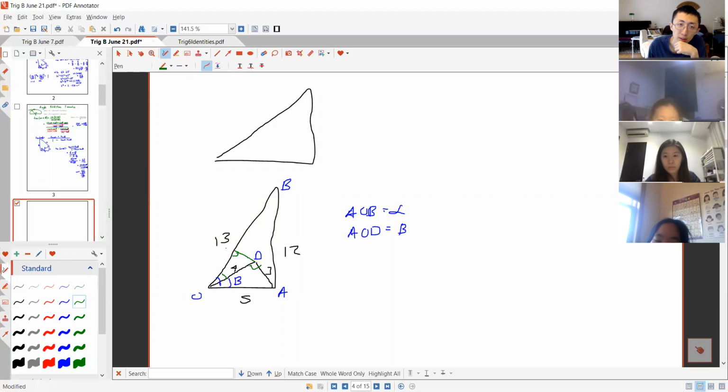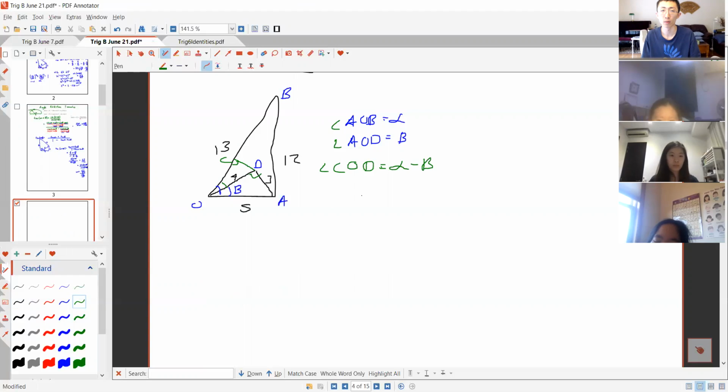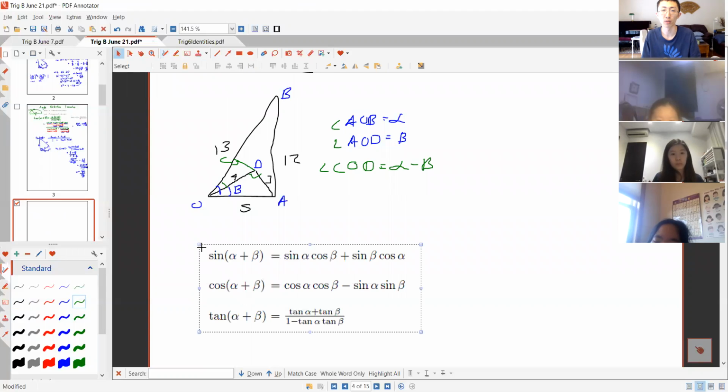So let's say that's C, COD. So these are angles. Angle COD is alpha minus beta. So how are we going to get a subtraction formula if we know an addition formula? So these are the 3 things we know.